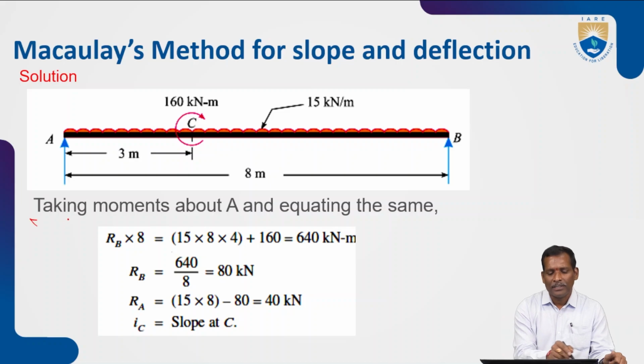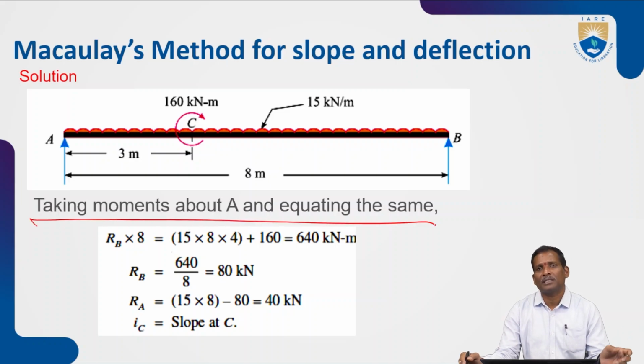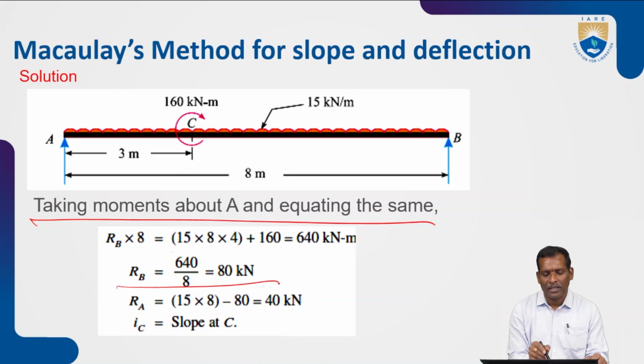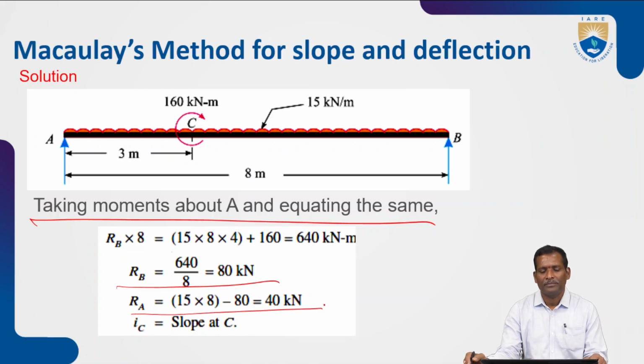So taking moments about A and equating, calculate RB and RA. See here, RA plus RB is equal to the loads acting here. RB is 80 kilonewtons as calculated, and RA is 40.